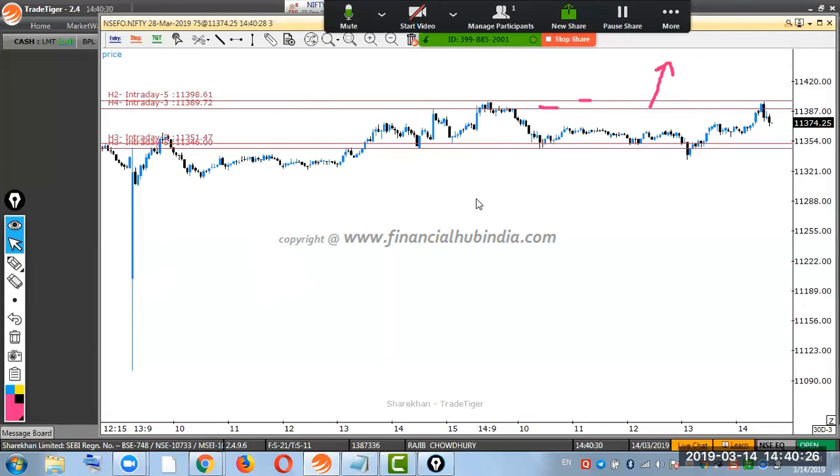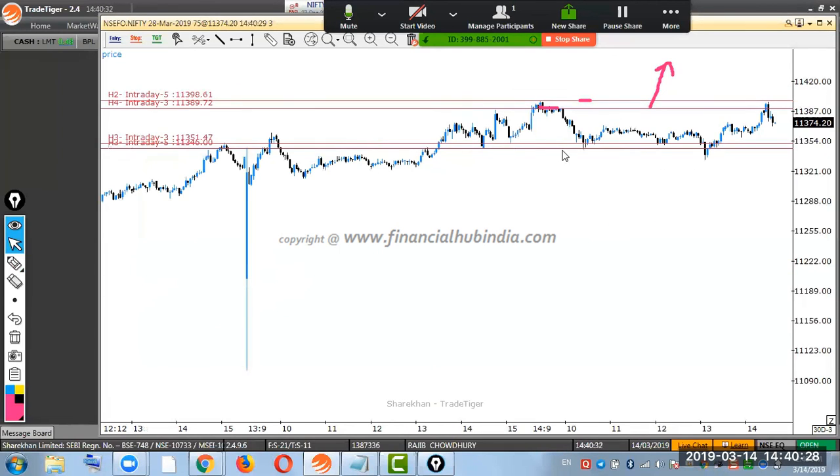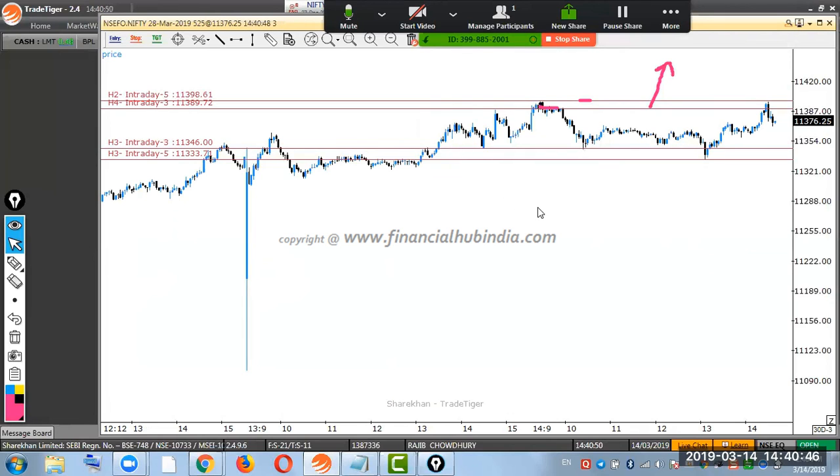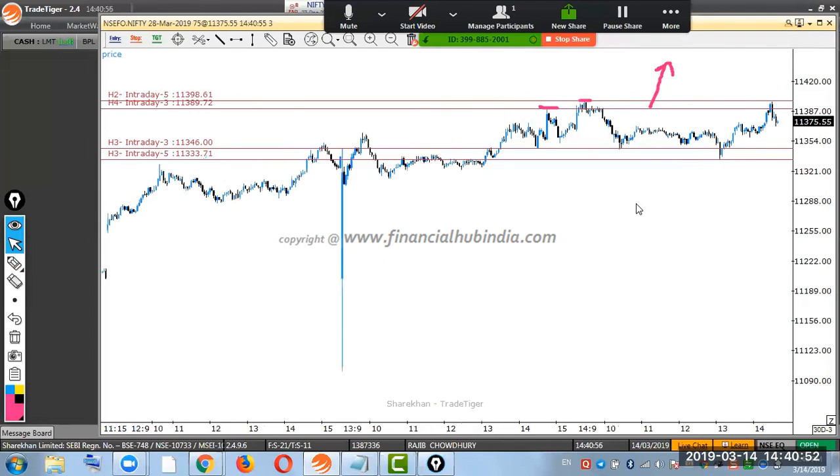The support zone won't be valid for now. I'll keep this line over here for reference, but the higher low will be considered as this one over here. We don't need this line anymore.